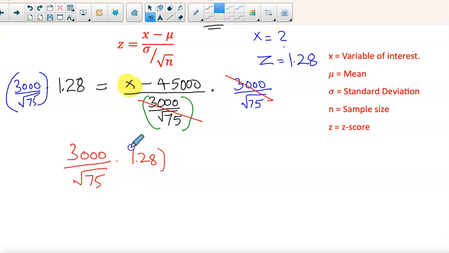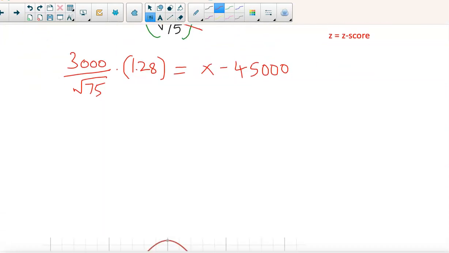Feel free to put these things in parentheses to avoid confusion. So x minus 45,000 on the right hand side. Now only one thing is remaining extra on this right hand side. What is that? Minus 45,000.